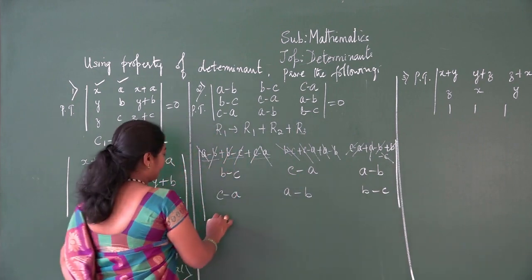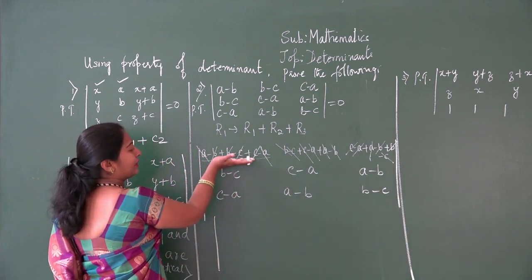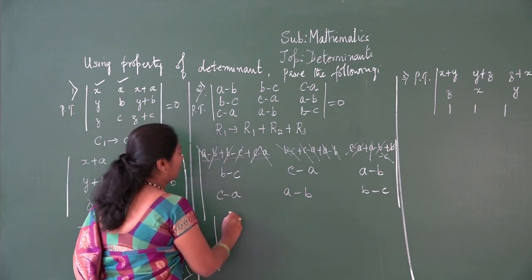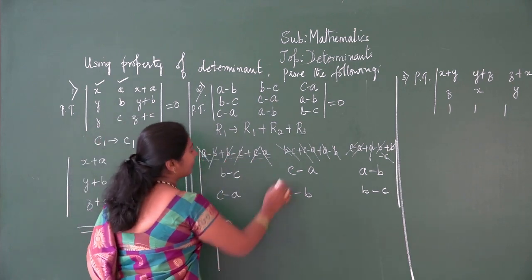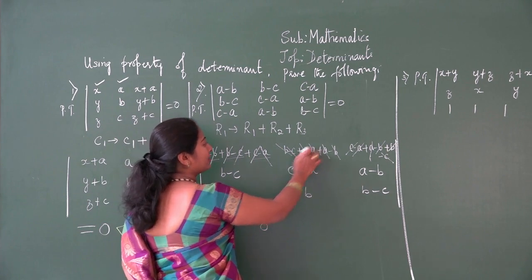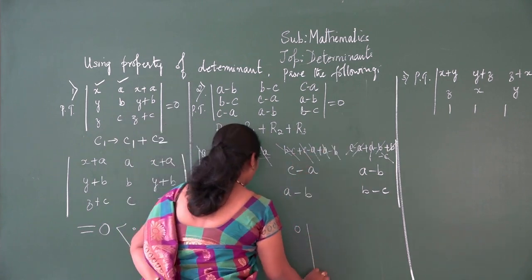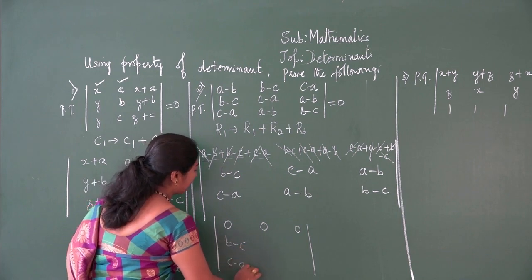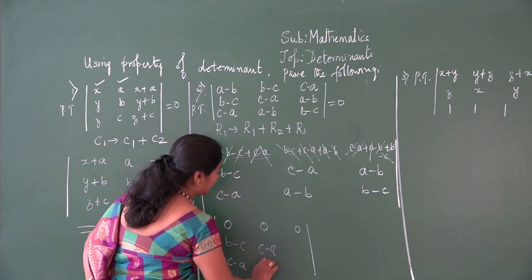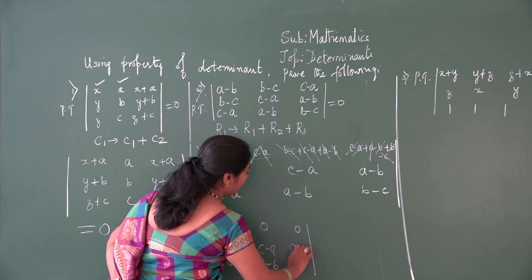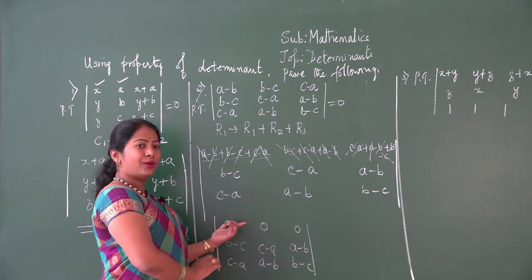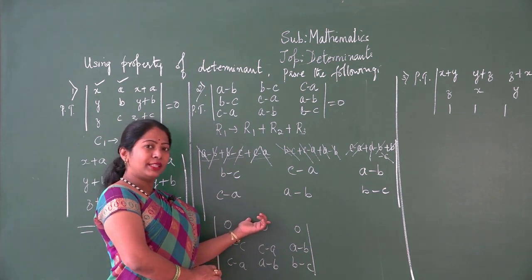So, the first element in the first row after cancelling all the terms becomes 0. Similarly, the next term also becomes 0 and the last term tends to 0. What is left out? B minus C, C minus A, A minus B. Can we observe here all the elements of the first row are 0?